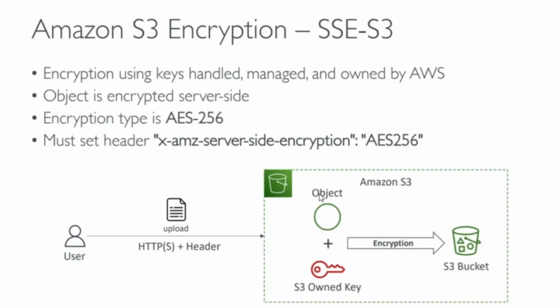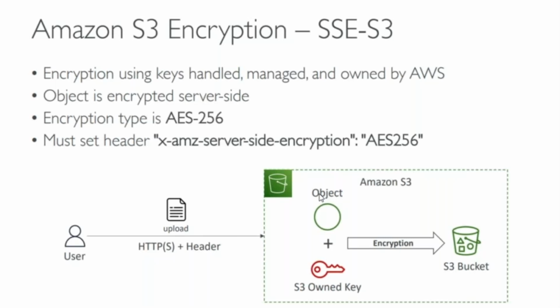Then we have something called Amazon S3 encryption. I'm going to show you labs for these as well. So what is Amazon S3 encryption? Team, we are using encryption with keys handled, managed and owned by AWS. It means that whenever I use the SSE-S3 option when uploading any file, the keys will be handled, managed and owned by AWS.